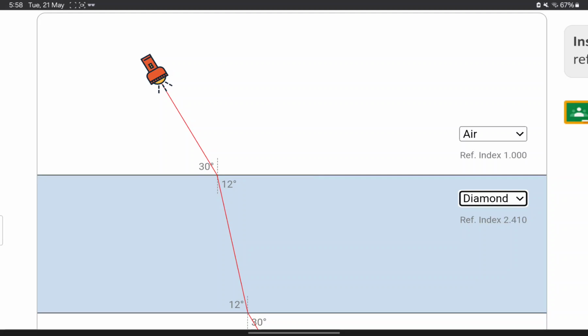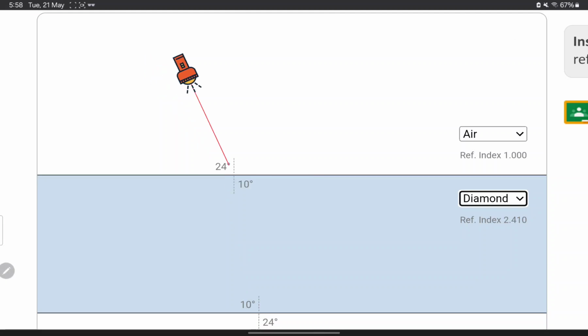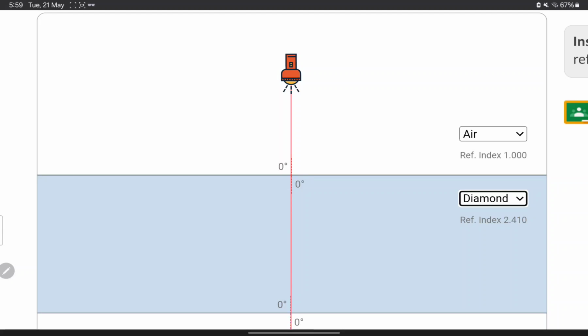This I, the incident angle, is 30 degree right now. Now if I change it to be a bit less, 24 degree, 16 degrees, 8 degrees, 5 degrees, 2 degrees, and 0 degrees, the light just passes through the material. It doesn't refract at all.